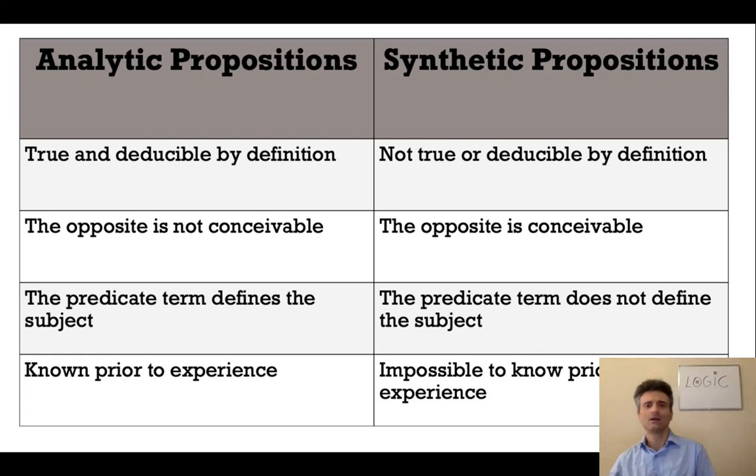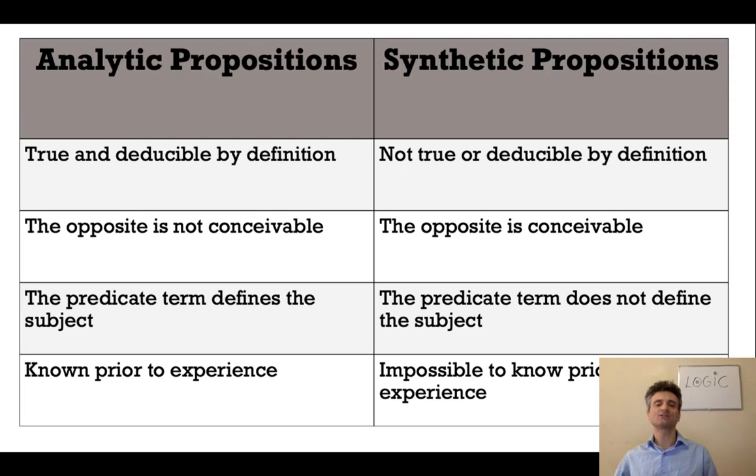On the other side, we have synthetic propositions. These propositions are not true or deducible by definition. You have to discover them through experience. The opposite is always conceivable. For example, the sun will rise tomorrow. The sun will not rise tomorrow. No one desires that the sun will not rise tomorrow, but I can conceive that it will happen.